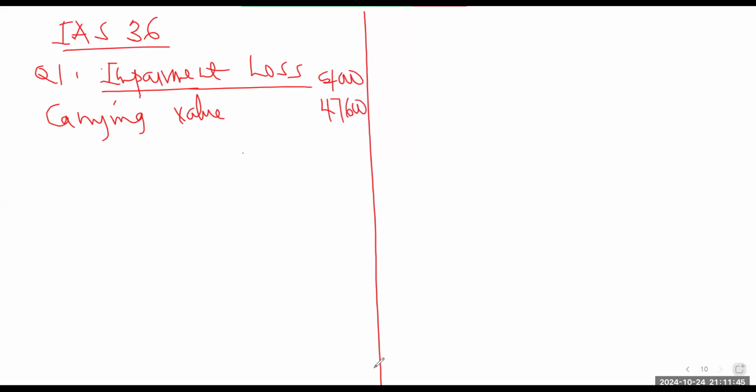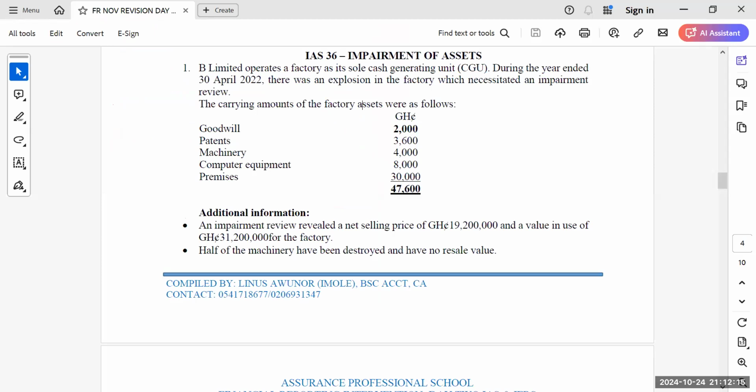The recoverable amount is what? 31,200. So what is the difference? 16,400. So the impairment is 16,400, isn't it? Right, sir. This is how we are going to be sharing the impairment. The first item that should take it is what?